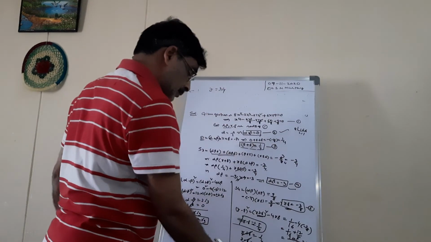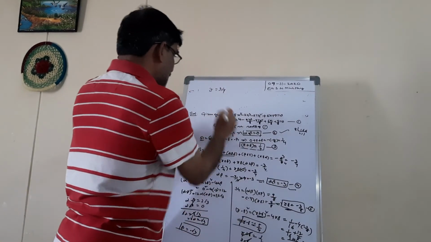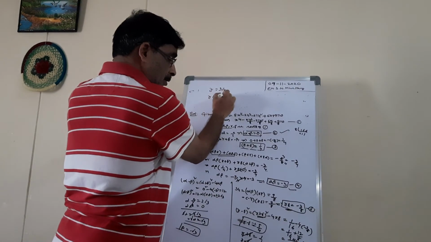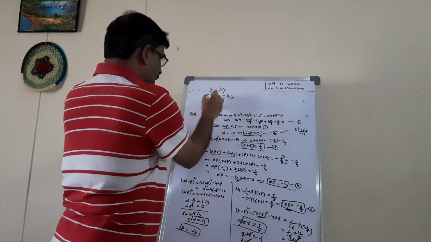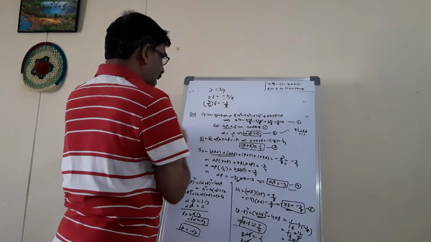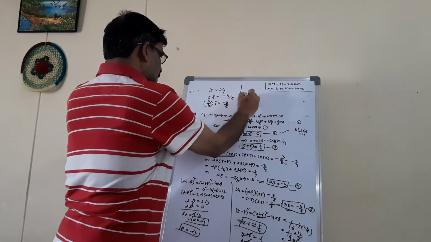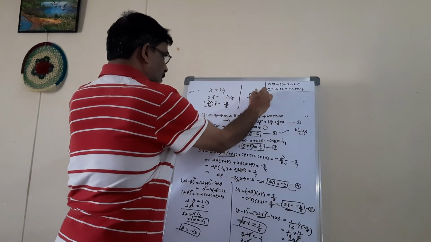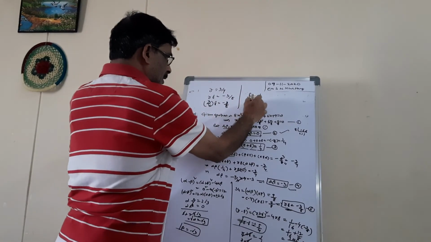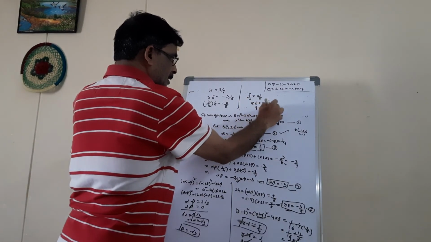Next take this relation, gamma delta equal to minus 3 by 8. Gamma 3 by 4 into delta equal to minus 3 by 8. 3 will be cancelled, so delta by 4 equal to minus 1 by 8, or 8 delta equal to minus 4, or delta equal to minus 4 by 8, which is minus 1 by 2.